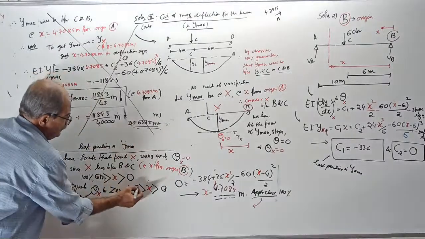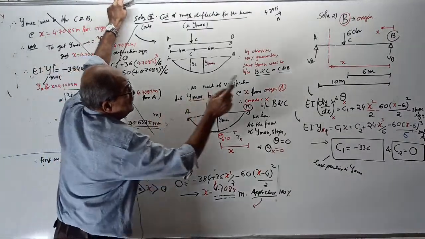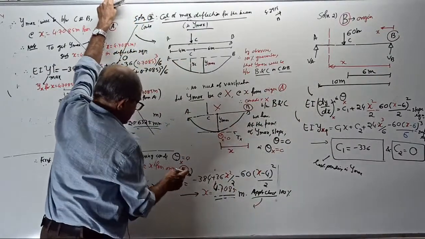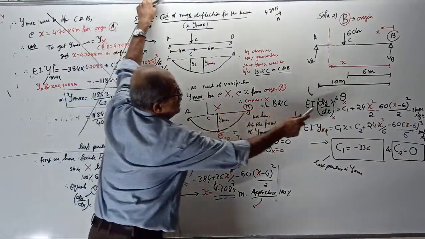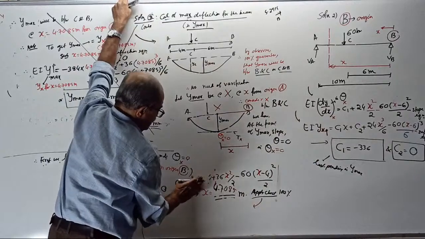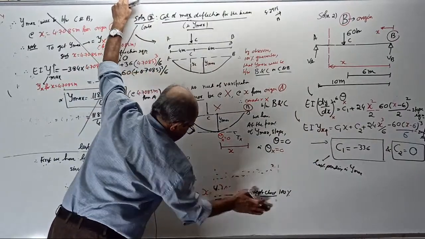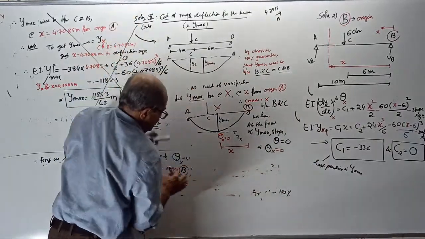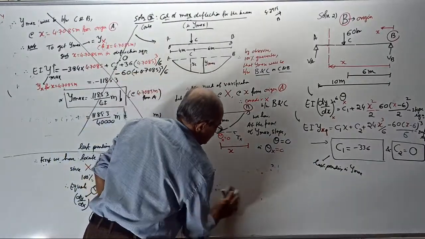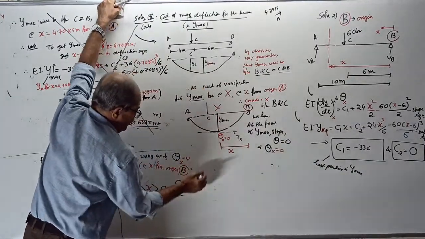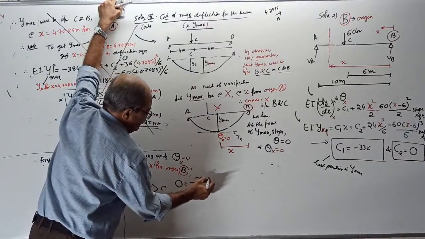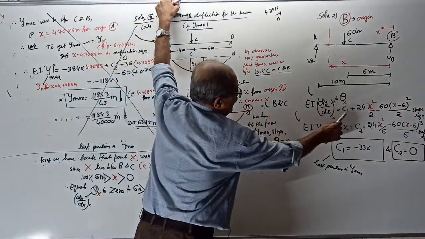Make a note. Now we are using this slope equation. Start. 0 equal to C1, that is minus 336, plus 3C1.